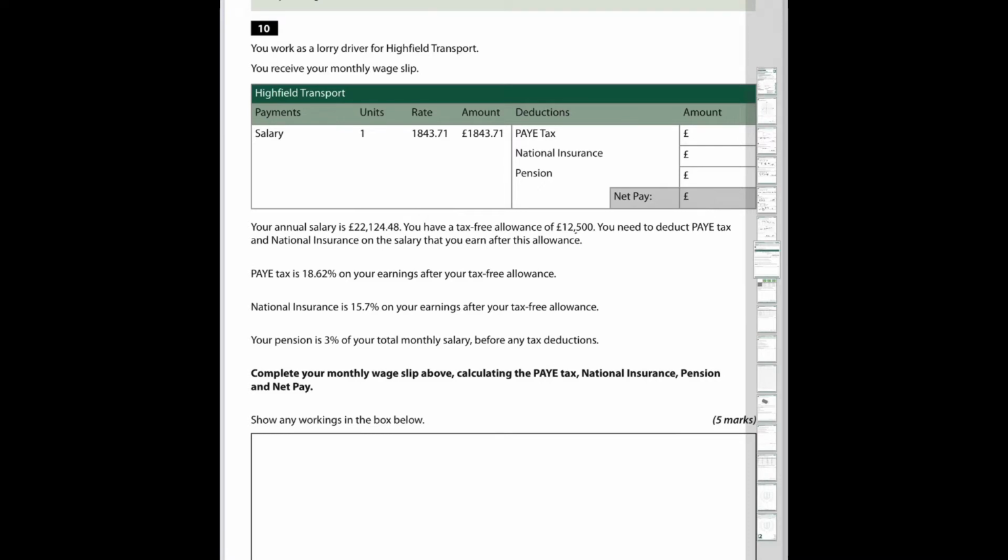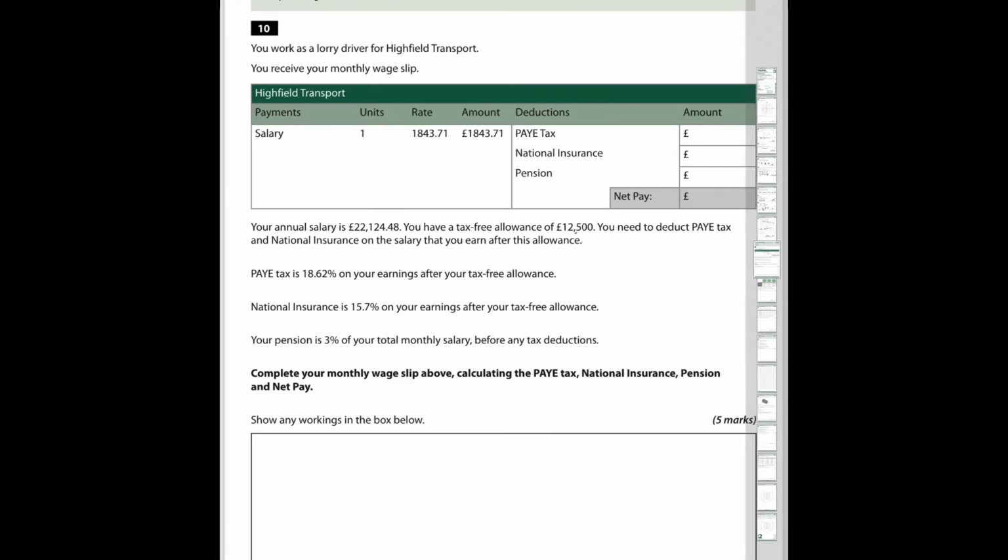You work as a lorry driver for Highfield Transport. You receive your monthly wage slip. Your annual salary is £22,124.48. You have a tax-free allowance of £12,500. You need to deduct PAYE tax and national insurance on the salary that you earn after this allowance. So after this allowance, that's the key bit.